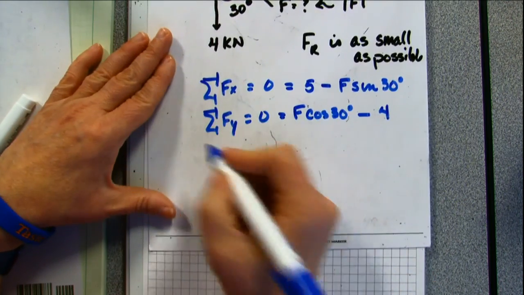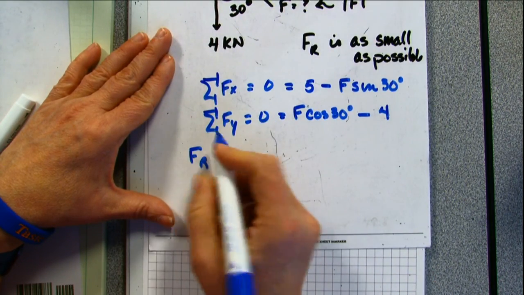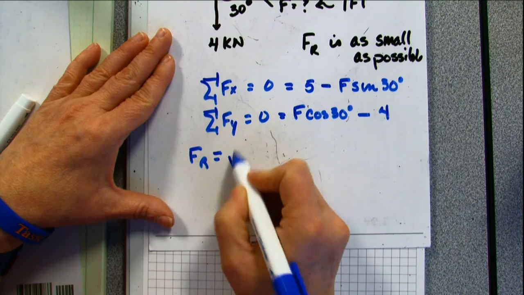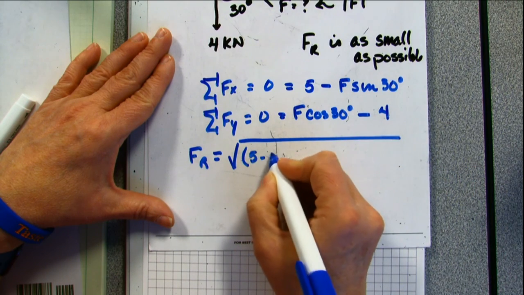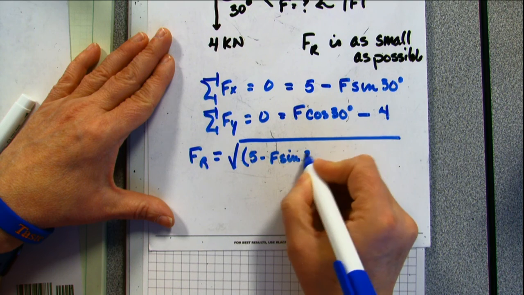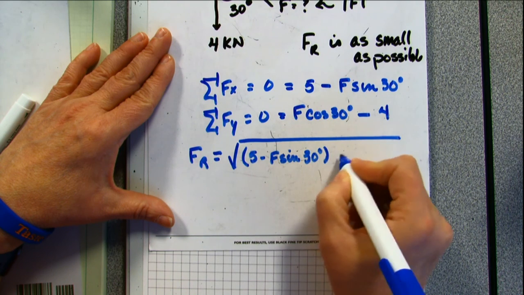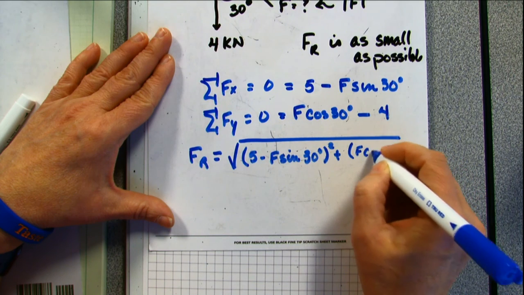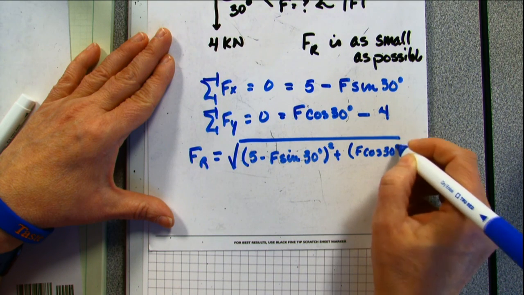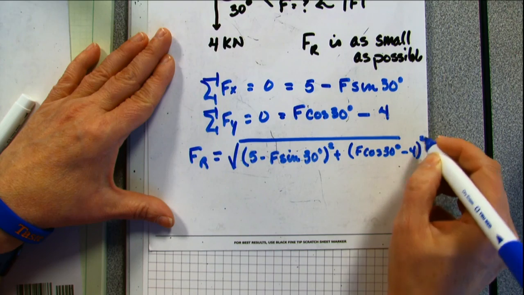So the magnitude of the resultant vector is going to be the square root of (5 minus f sine 30 degrees) squared, plus (f cosine 30 degrees minus 4) squared.